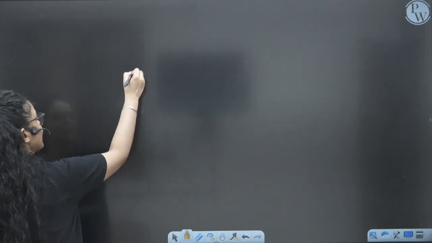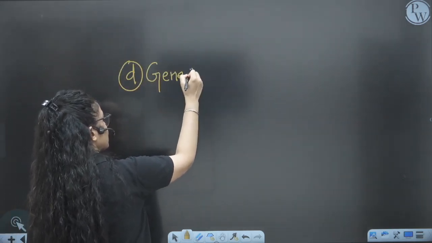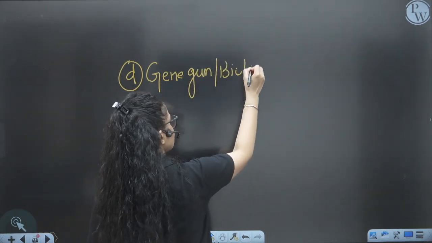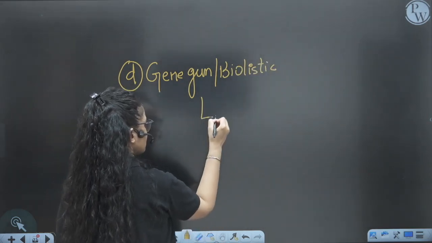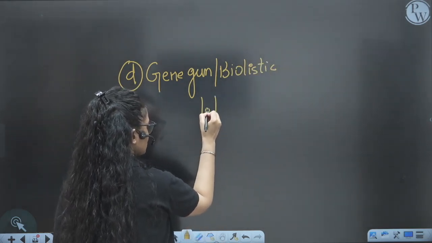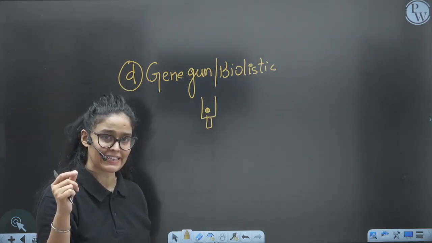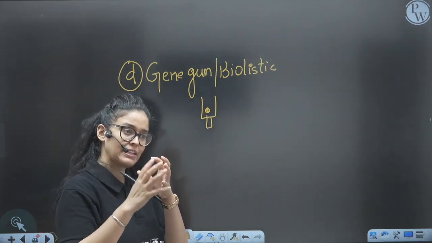The next way is the gene gun method, or biolistic method. In this, we use the gene gun and inject our DNA coated with gold and tungsten. Why are we coating our DNA with gold and tungsten?